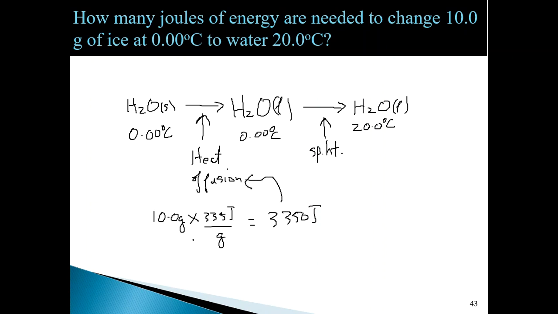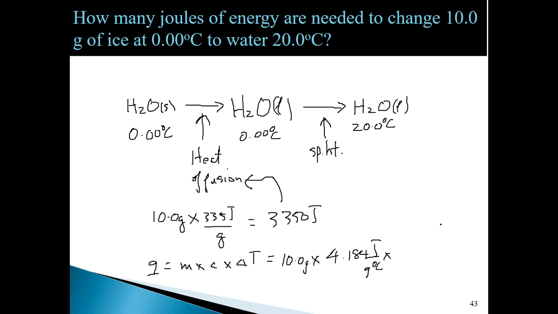Now for the specific heat part, the equation I would use is Q is equal to M times C times delta T. Now this equation should be familiar to you. We discussed this topic in chapter 10. So in this case, M is the mass, which is again 10.0 grams, times the specific heat, which of course is 4.184 joules per gram degree Celsius, times the temperature change.